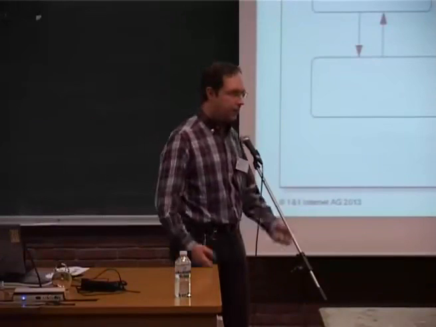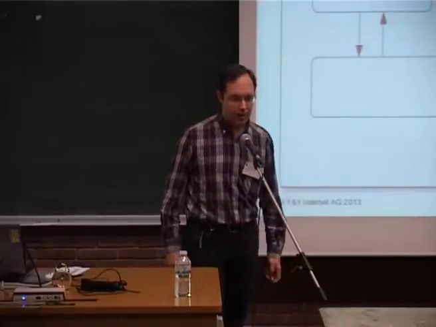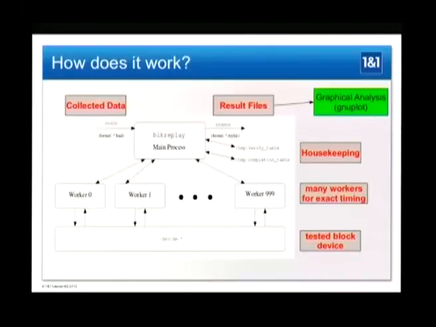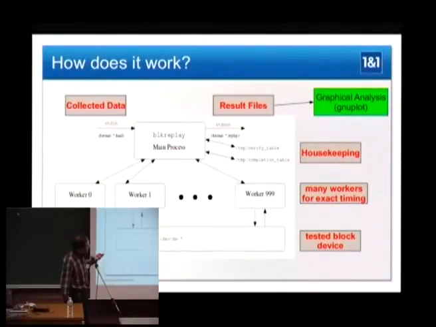So how does blkreplay actually work? Essentially, that picture is as simple as it is in practice. You put whatever block trace got you into the standard input of the main process. There are up to 1,000 worker nodes which keep queues of the requests so that they can make sure that all the requests are fired at the precise exact timing as you like.